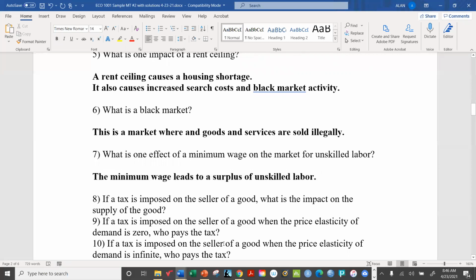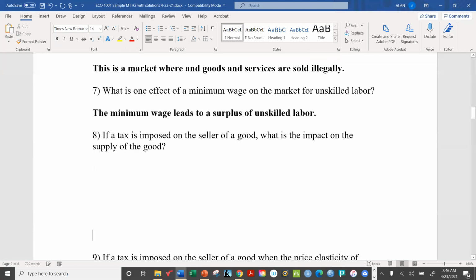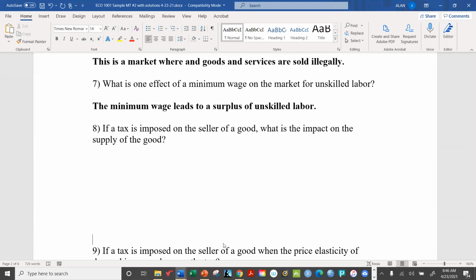Okay, now if a tax is imposed on the seller of the good, so this is going back to chapter 7. You might remember, although the diagrams were very complicated, the most important detail here is that when there's a tax on the seller, the supply curve shifts to the left.